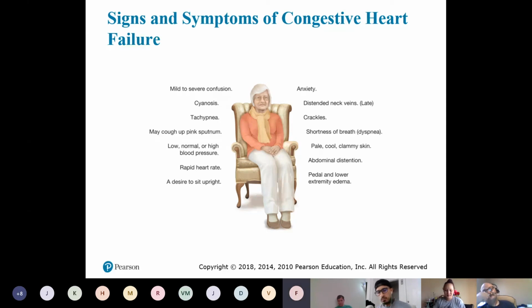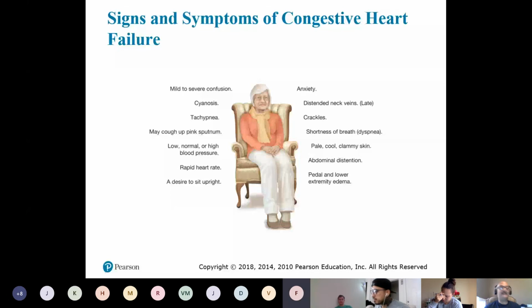They'll be restless. Again, it goes with that. I can't breathe. And now as you look at the picture, why I desire to sit upright. Because they feel like they're drowning.